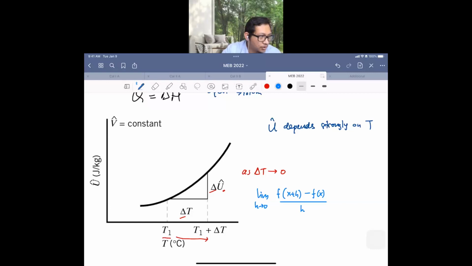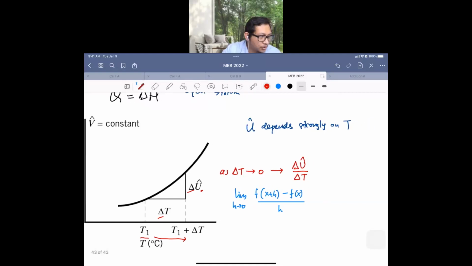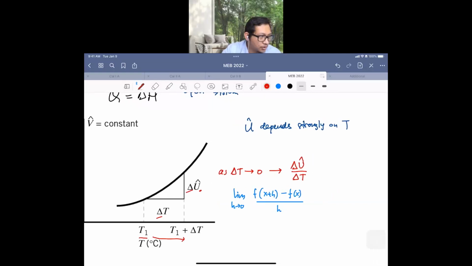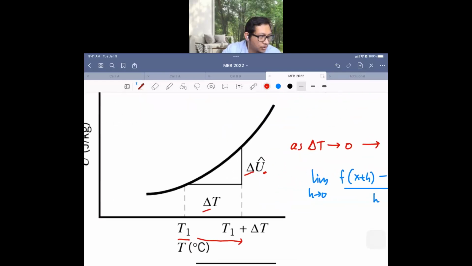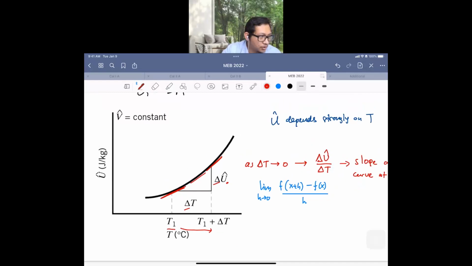As delta T goes to zero, the ratio can be our slope, in terms of calculus. It is the slope of the curve at T1, right? So we have from here, here, and here. That's the slope.